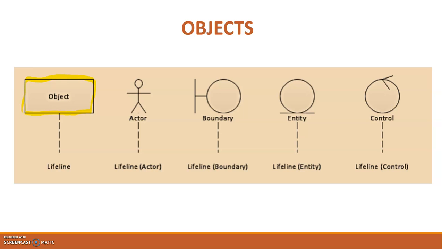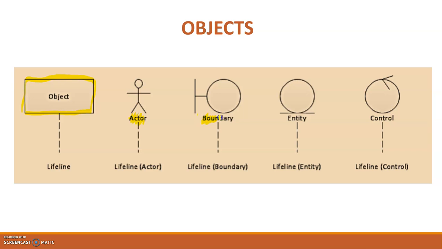This object can be anything. Suppose it is not clear what symbol you can use, you can simply draw the rectangle. But suppose you know the actual actor, actual object. If it's a human being, then you can draw this symbol, right? This symbol you can draw.